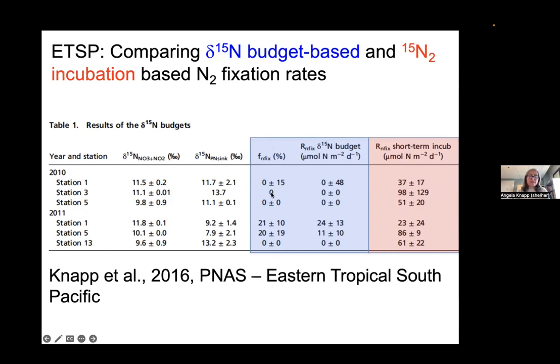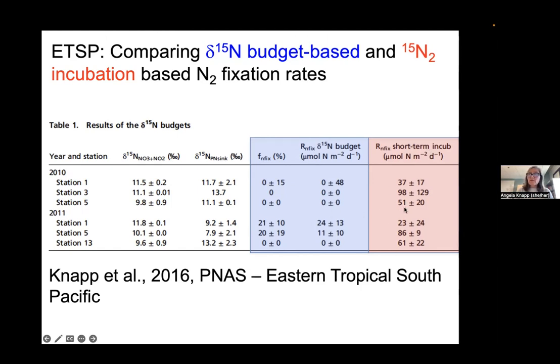And you can see in 2010, we found no role for nitrogen fixation supporting carbon fixation or export production based on the delta N15 budget. And in 2011, at 2 stations, we did find a small role. These are rates of nitrogen fixation from the delta N15 budget, and these are very low.